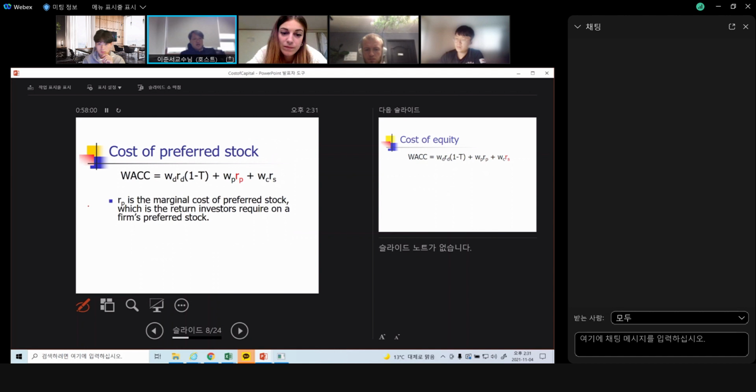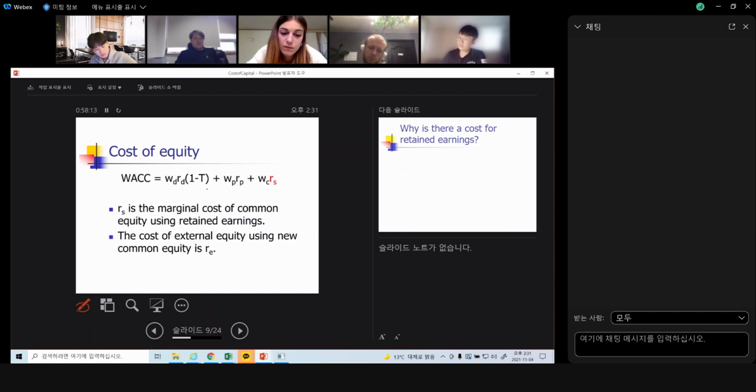RP is the marginal cost of preferred stock, which is the return investors require on the firm's preferred stock. And RS is the marginal cost of common equity using retained earnings. As I told you, the cost of external equity, using new common equity, is RE.